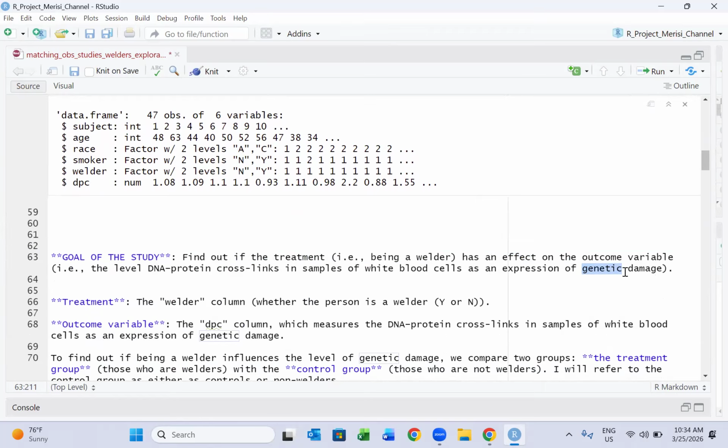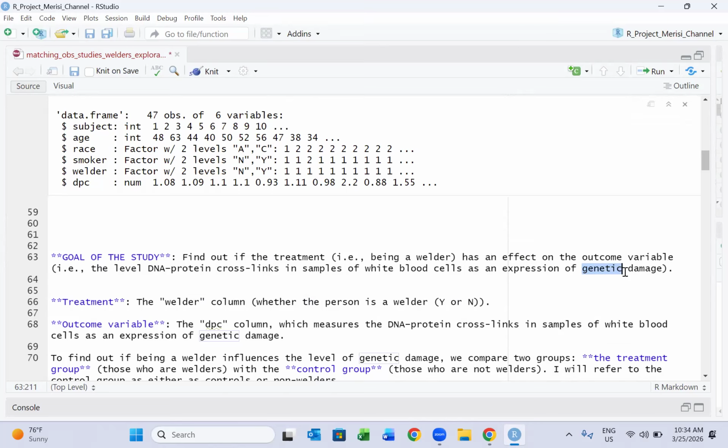We want to compare if the genetic damage between welders and non-welders is due to the welders being exposed to chemicals.